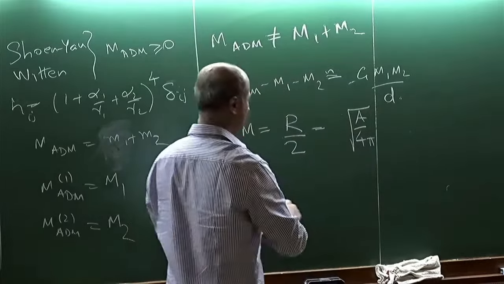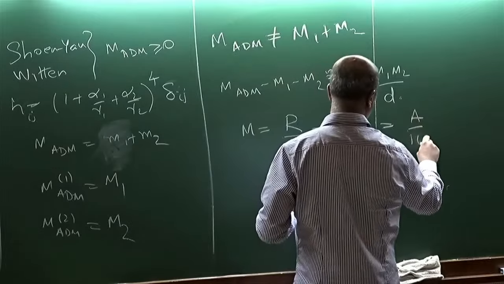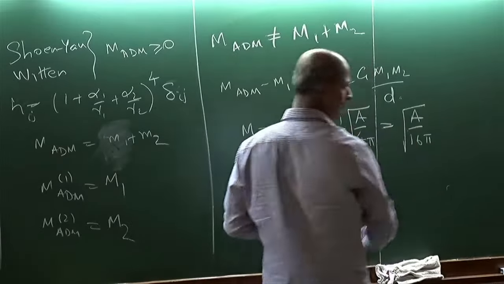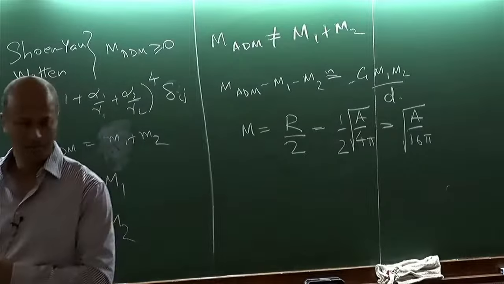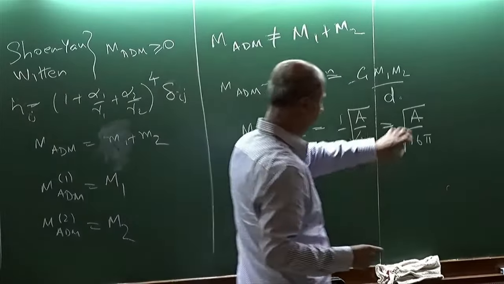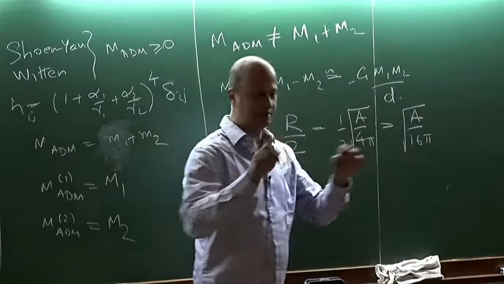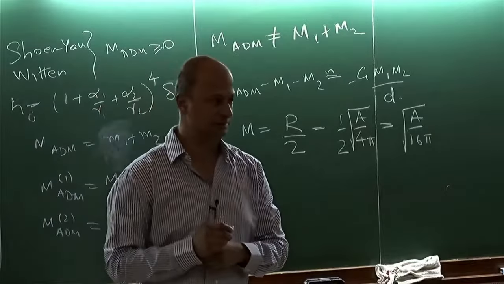So the mass is one half of that, which is the square root of area divided by 16 pi. This is known as an irreducible mass. For any black hole, given the area, calculating the square root of area divided by 16 pi is called the irreducible mass of the black hole.